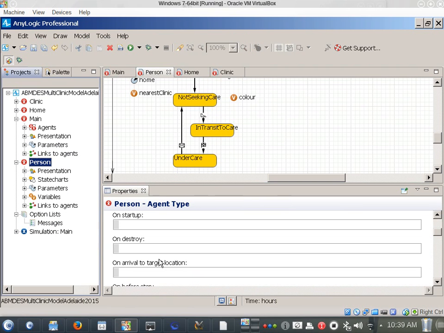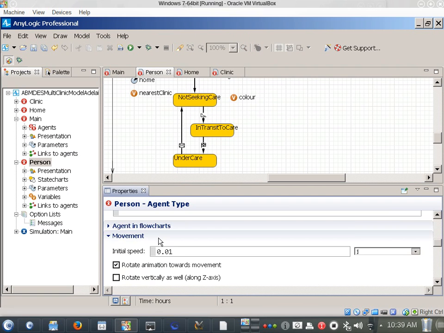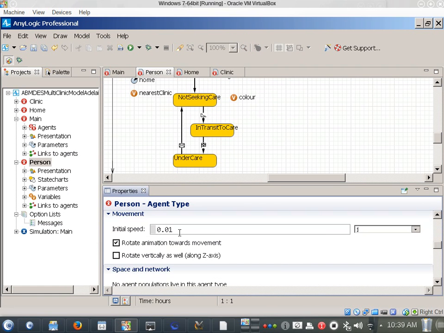Okay. The second thing I'd like you to do is to go to person, and go set the initial speed for a person, down in the movement area of person, to 0.01 and choose meters per second. If we remove that rotate animation, it actually looks much better. It does look better with that. Okay, so I like that, Sunkalp, thanks.